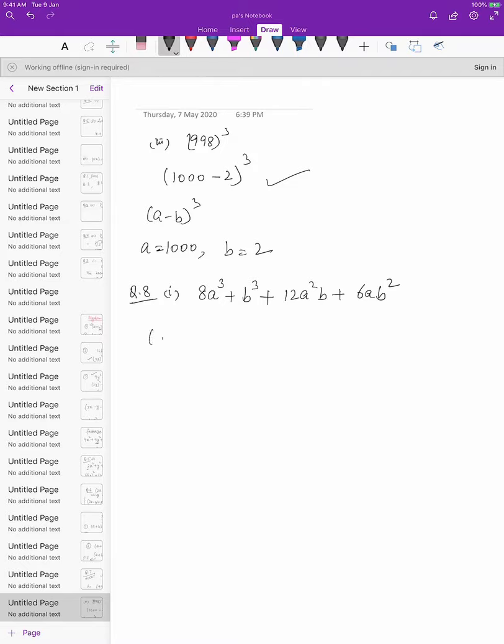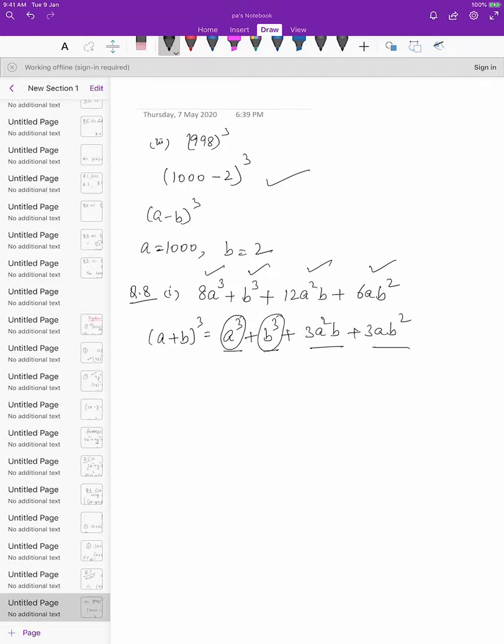Here in this identity A plus B whole cube, what are the terms involved? A cube plus B cube plus 3A square B plus 3AB square. That means the first thing you should observe is that there should be 4 terms in the given expression, which we already have. Then there should be 2 terms which are perfect cubes, like in this case A cube plus B cube.